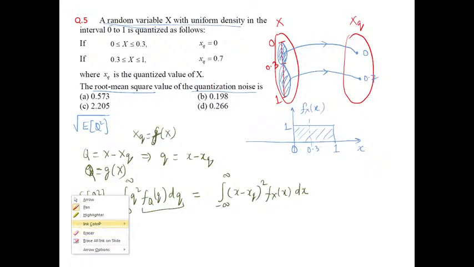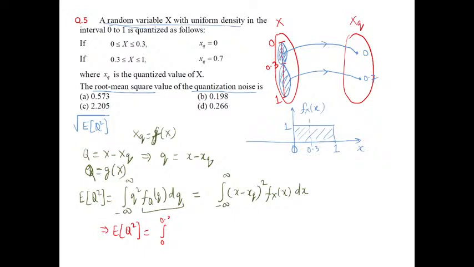So what will be eq square? Now for x lying between 0 and 0.3, we can write it like this. From 0 to 0.3, now it has been mapped to 0, so xq is 0. So (x minus 0) whole square, and what is f_X(x)? This is equal to 1, or from 0 to 0.3 this is equal to 1.